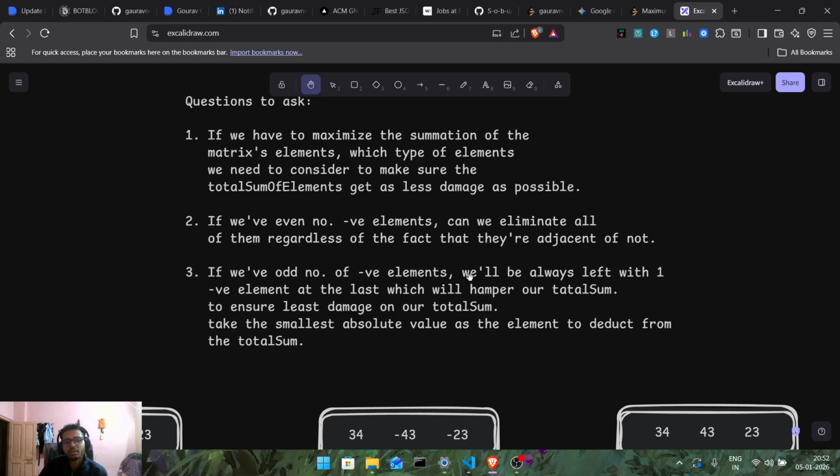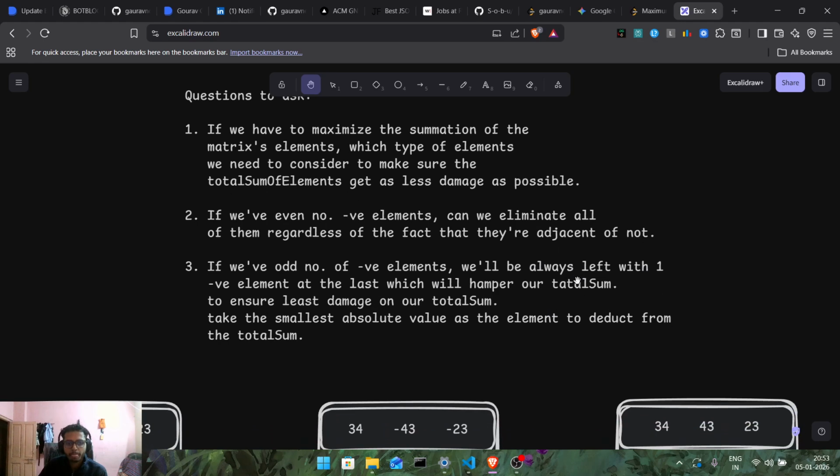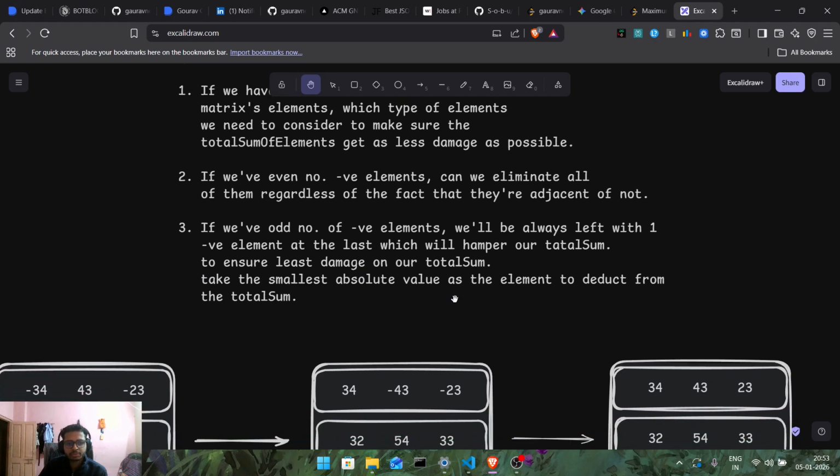But if one negative element is left at the end, then regardless of whatever happens, it will hamper our total sum. So how can we minimize the damage? Take the smallest absolute value as the element to deduct from the total sum.